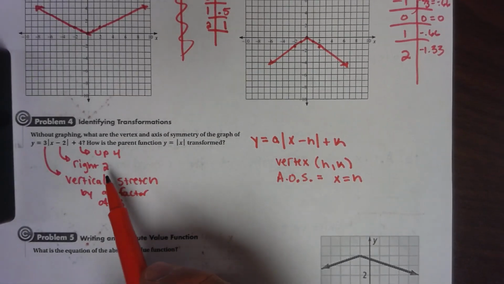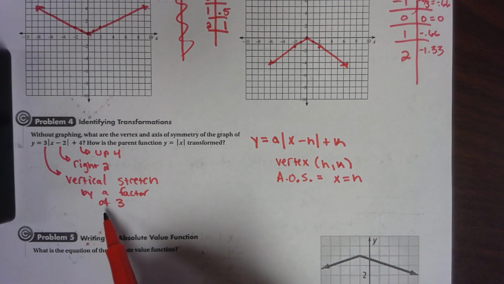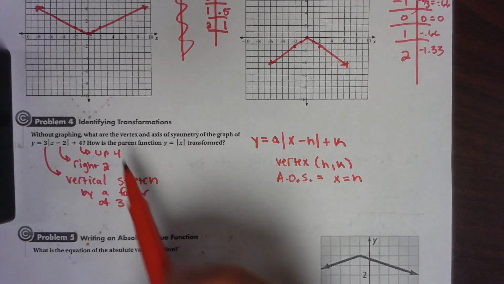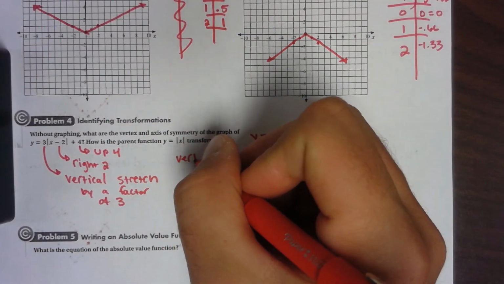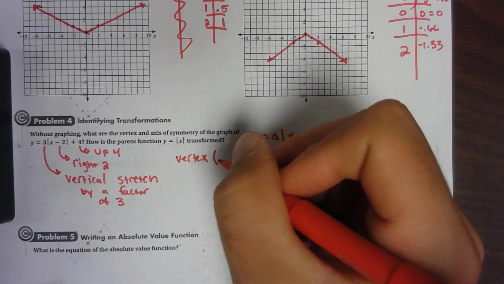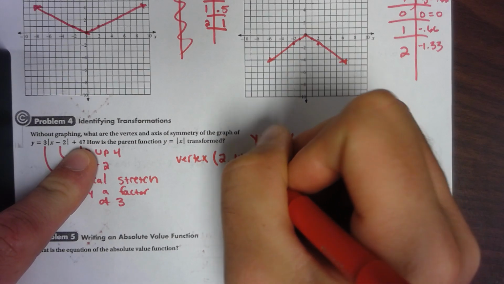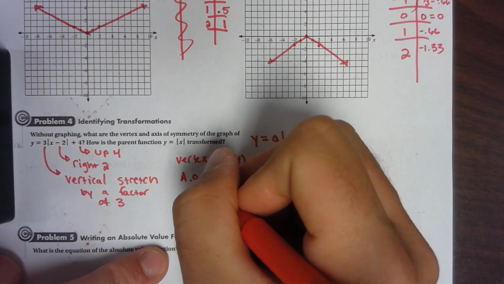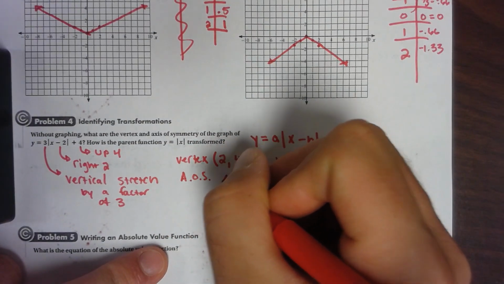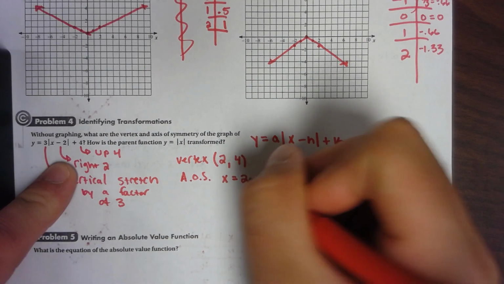After identifying the transformations, let's identify our vertex, which is exactly what we identified as our horizontal and vertical shifts. So it'd be right 2, so 2, and then up 4, so (2, 4). And the axis of symmetry is x equals 2.